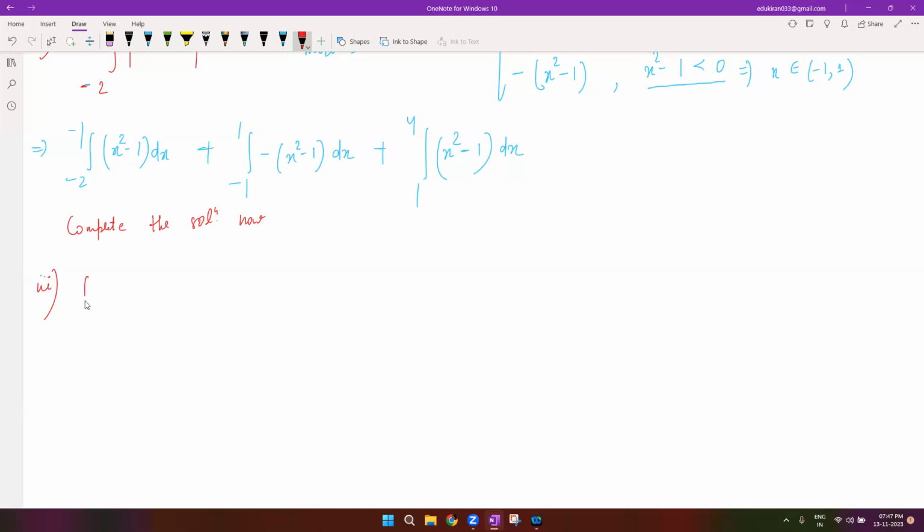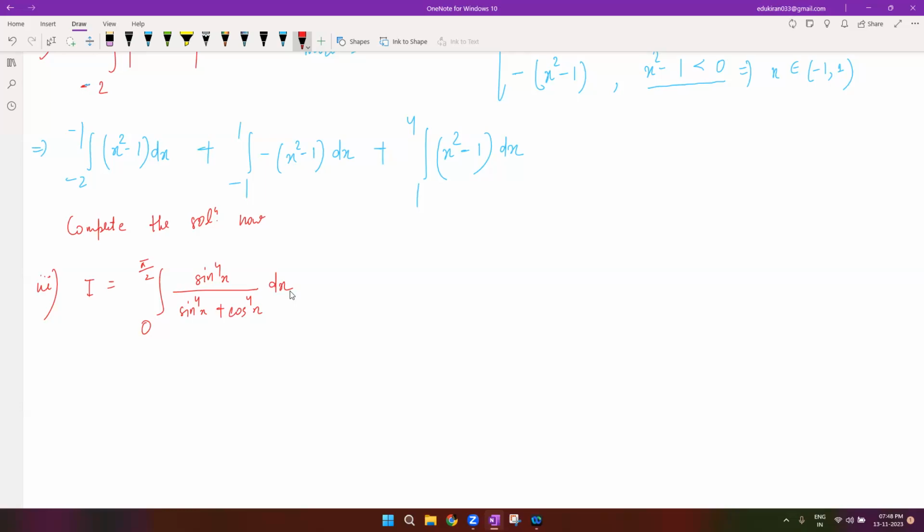Okay. So the question is to integrate sine to the power 4x divided by sine to the power 4x plus cos to the power 4x dx from 0 to pi by 2.